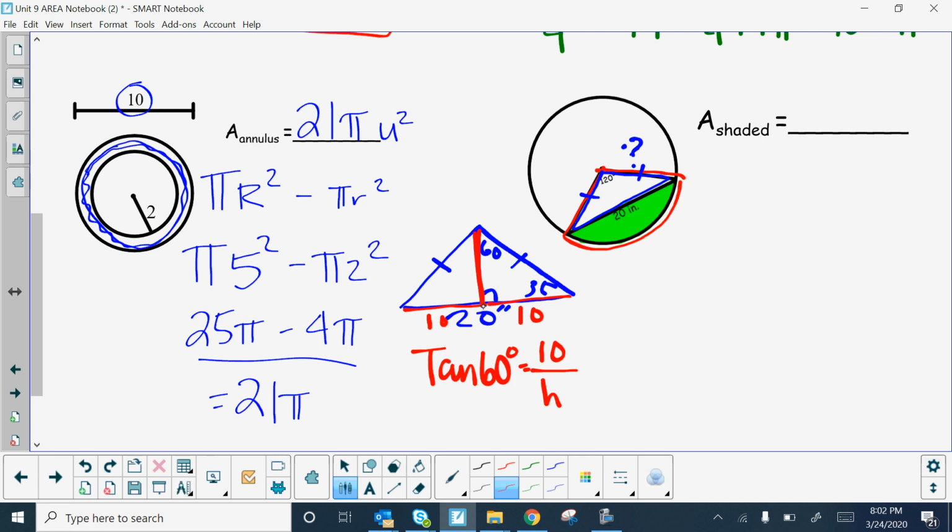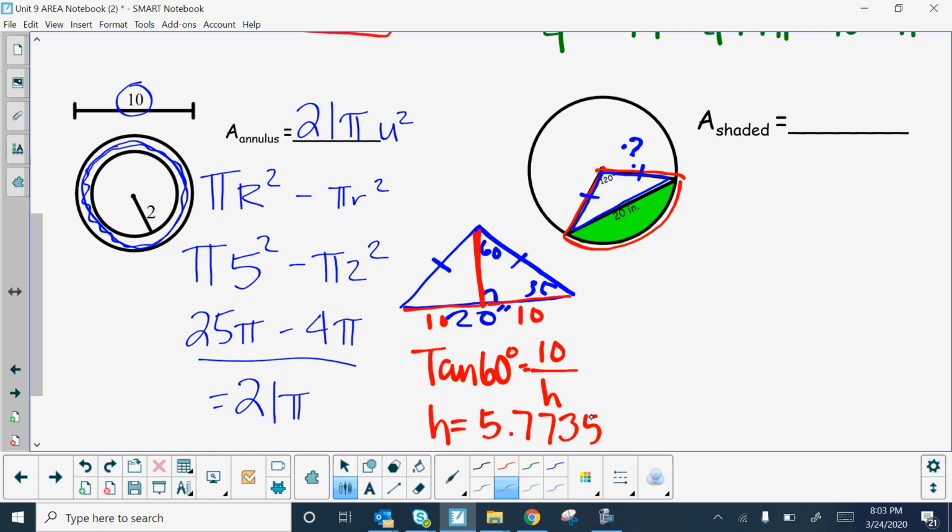I'm going to do 10 divided by tangent of 60 equals that. So the height of this triangle is 5.7735. You don't have to round that far out, but I like to round more. And that right there is the height of this triangle.